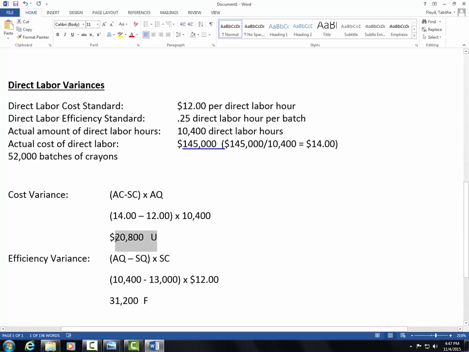That's why this is unfavorable. Our costs were a lot more than what we thought they should be. But it ended up being good for us because our more experienced workers worked a lot faster. They produced these crayons in 10,400 hours instead of 13,000 hours. So the net effect was actually favorable for us.